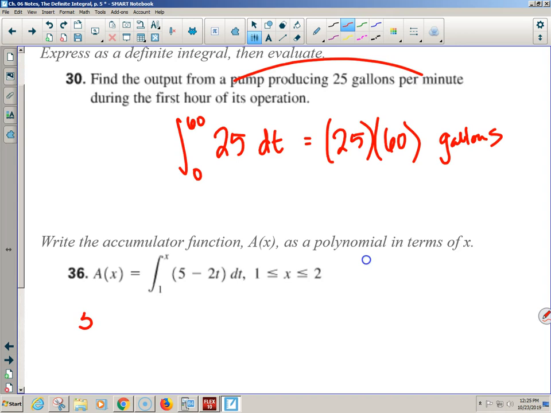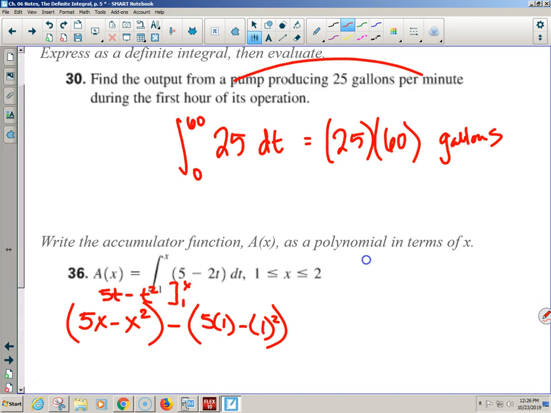Don't we know that we can go ahead and plug it in, right? 2t squared over 11tx squared. But we don't just have the top bound, don't we also have the bottom bound? Which would be 5 times 1 minus 1 squared. I know it's a little bit nasty. I went ahead and did 5t minus t squared, plugged in my top bound and my bottom bound.